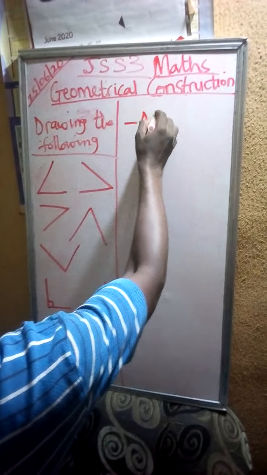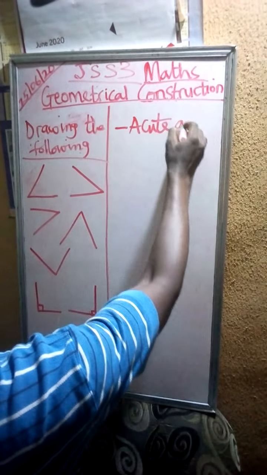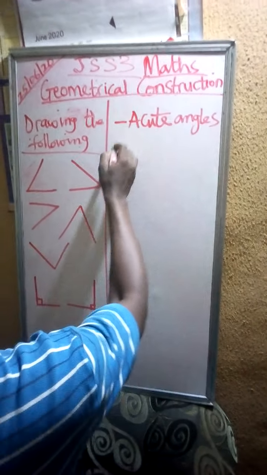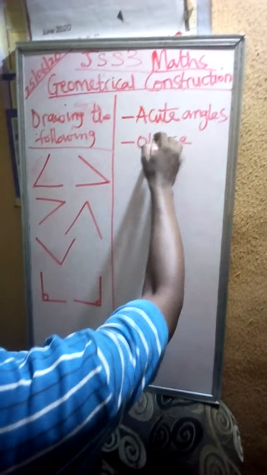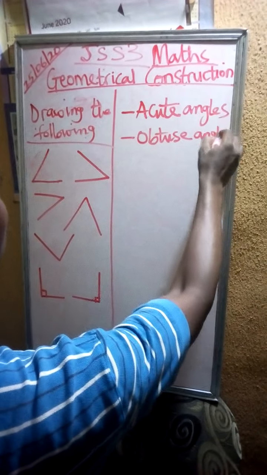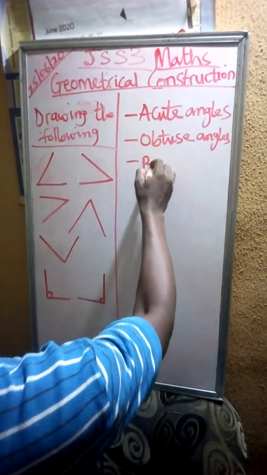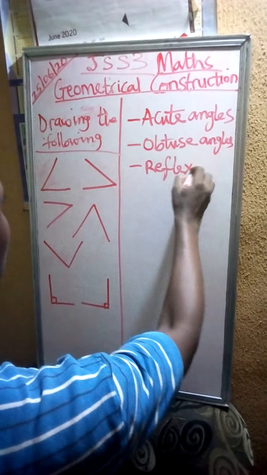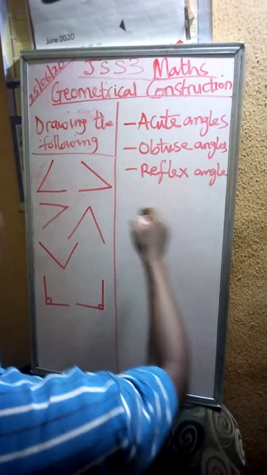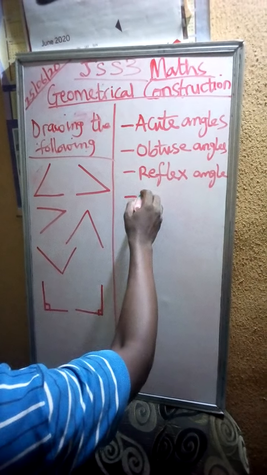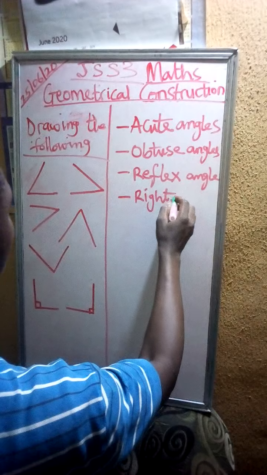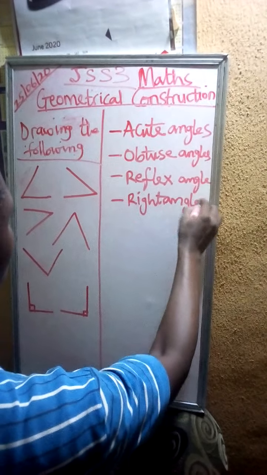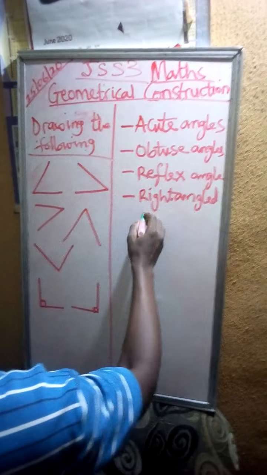You have been taught that we have acute angles, obtuse angles, reflex angles, and another one which I can add, which is the right angle.